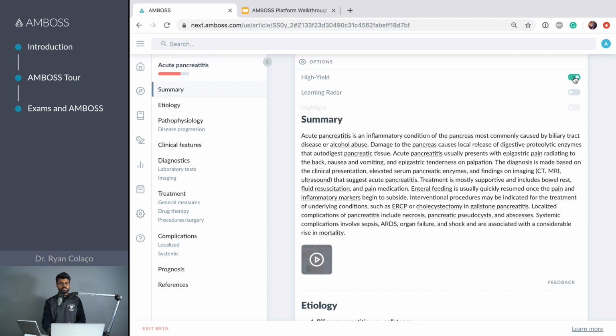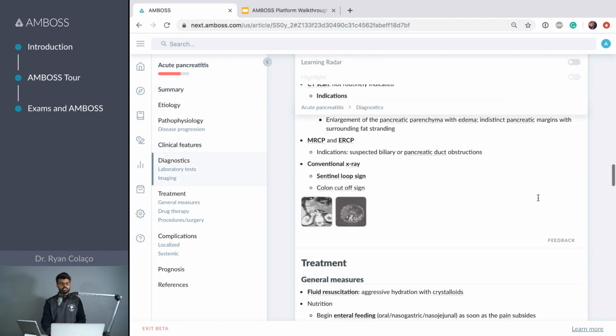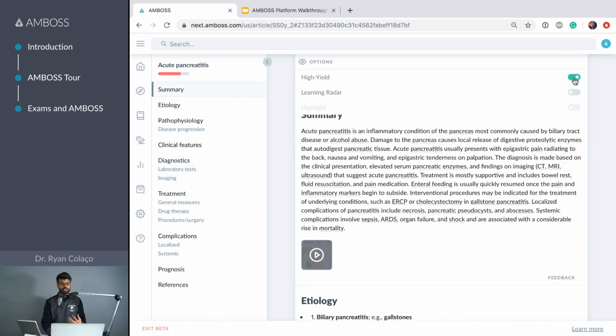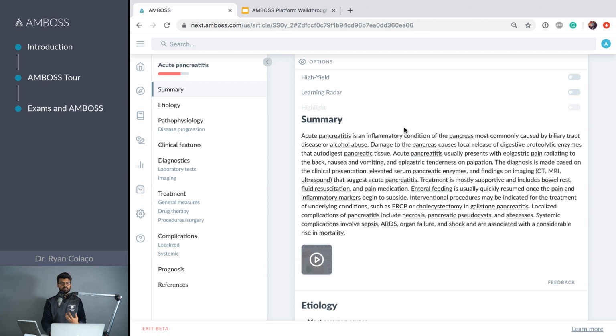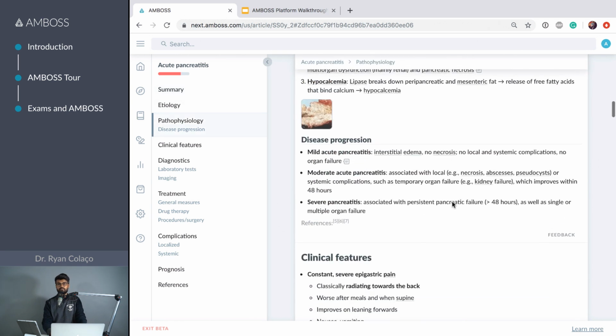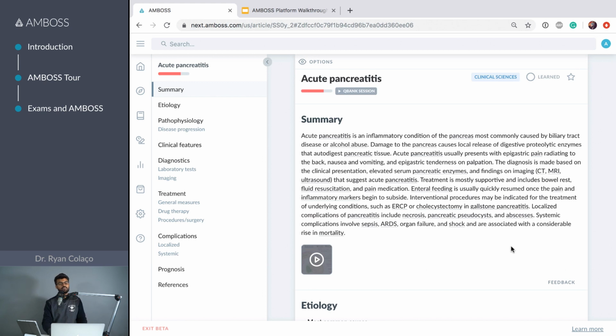I could revise it by changing it to high yield, which will shorten the chapter to the most important bits, or I could even put on something called the learning radar. And when I put on the learning radar, what happens is there will be parts of the chapters which turn red. And anything that I got wrong, those parts of the chapter will turn red, and I could go back to it and it is highlighted for me what I got right or wrong.